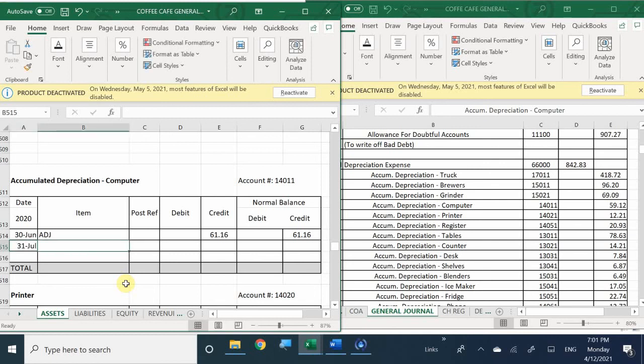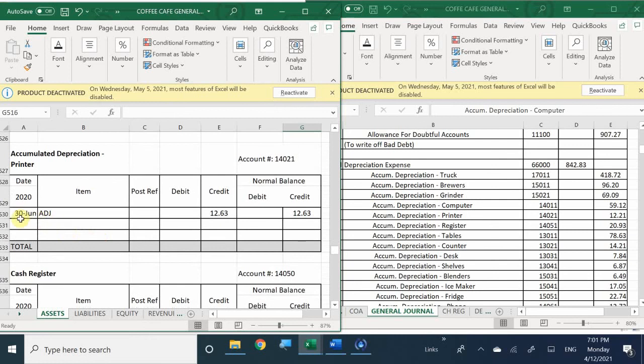731. Once again, you're going to recognize it's an adjustment, and we're going to recognize that the amount here was for $59.12, which should give us an account balance of $120.28. Okay.